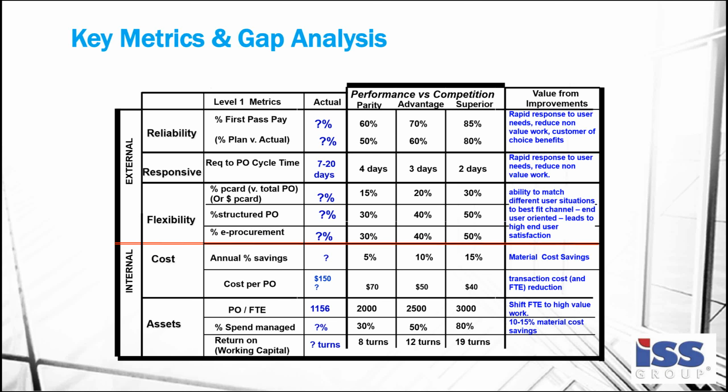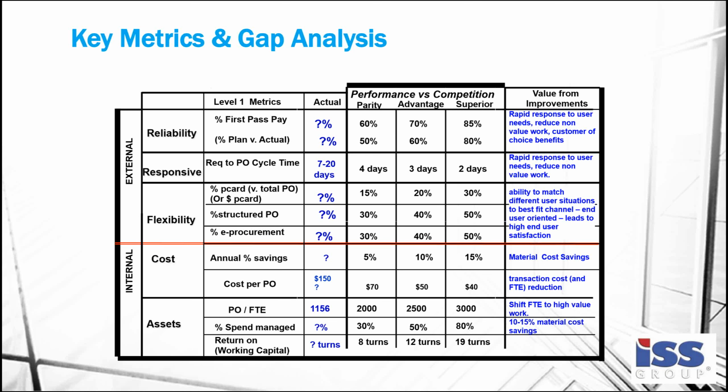So adding more buyers is not the solution. Percent spend managed. This is one that really tells you how far along your procurement and your strategic sourcing program, for example, is. And turns, working capital turns, how often you turn your inventory.